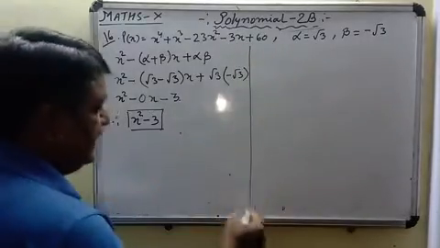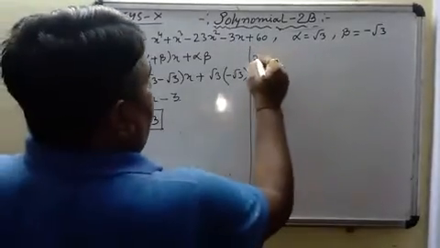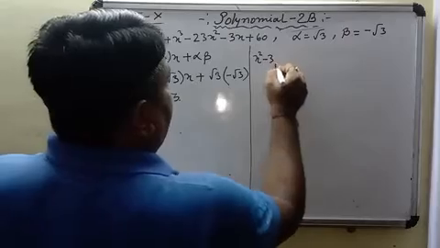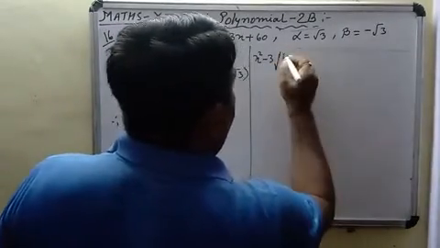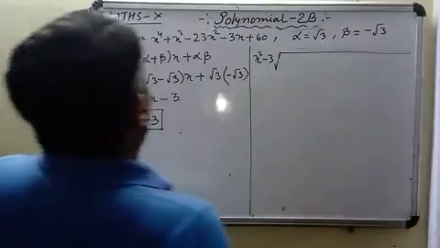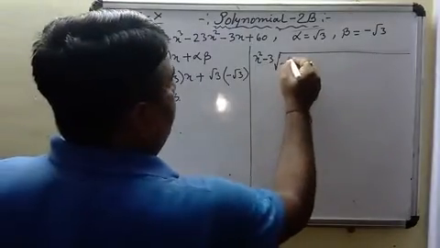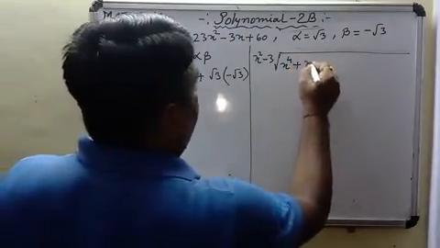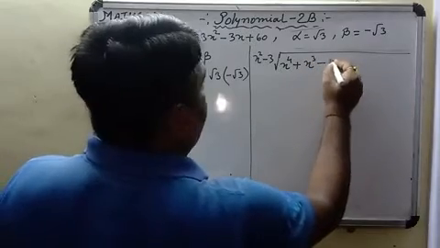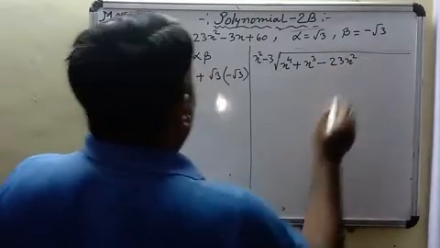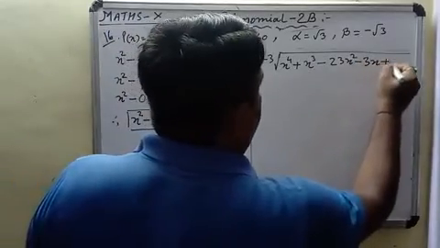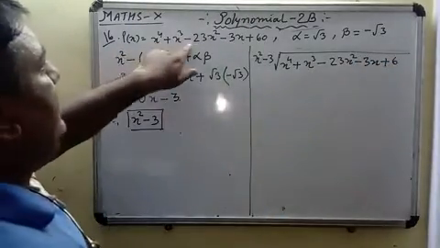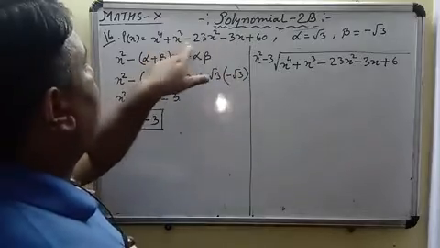Apply long division method. x square minus 3 से divide कर रहे हैं अपने polynomial x power 4 plus x cube minus 23 x square minus 3x plus 60.